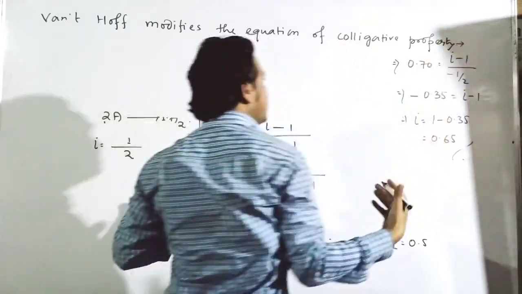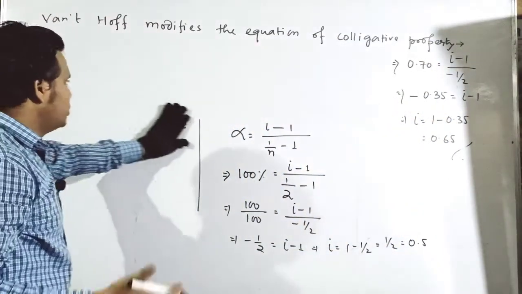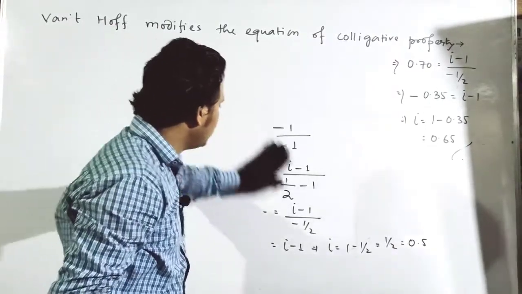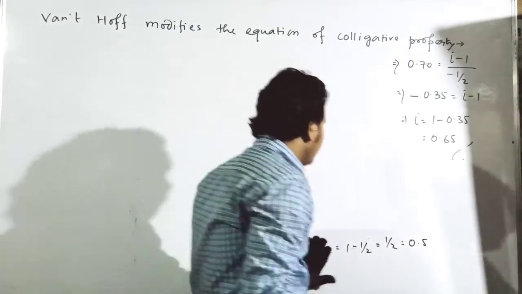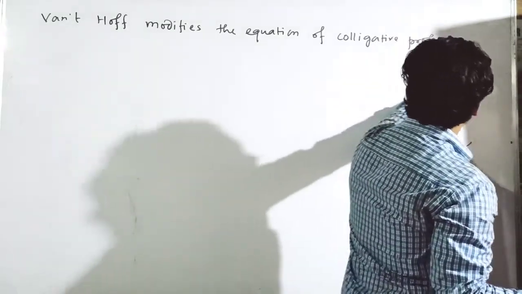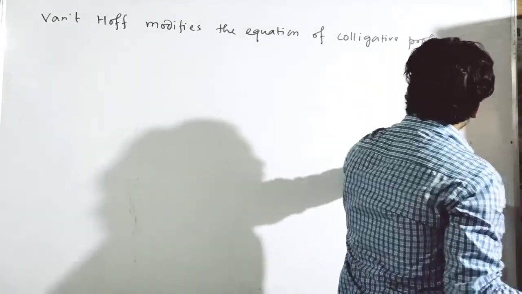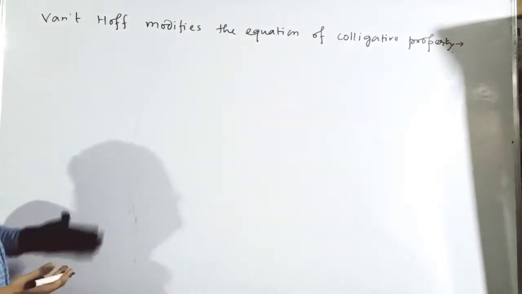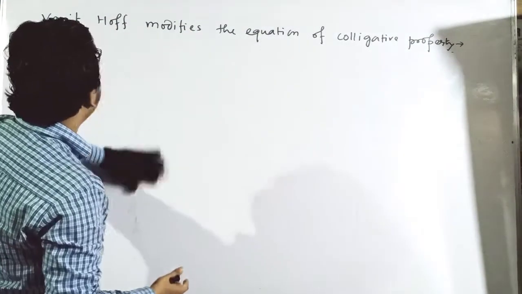We have already come to know: relative lowering in vapor pressure, elevation in boiling point, depression in freezing point, and osmotic pressure. So all these colligative properties were again defined by Hoff.